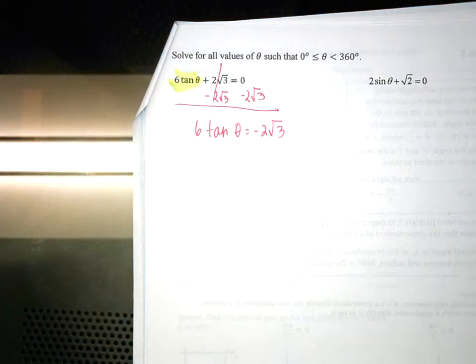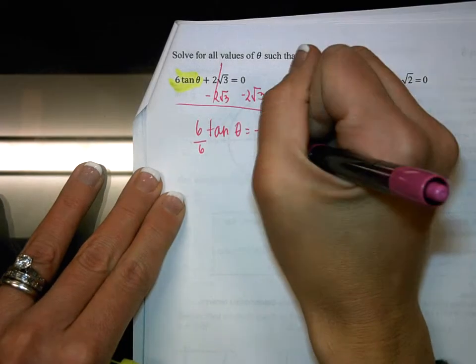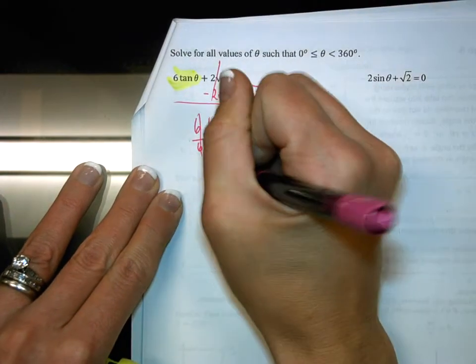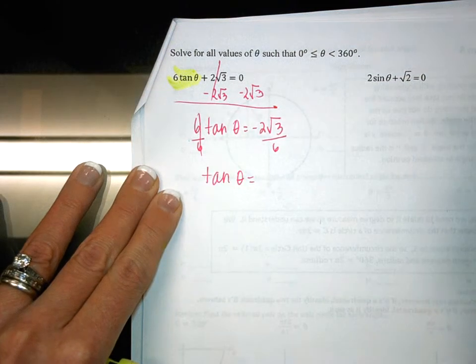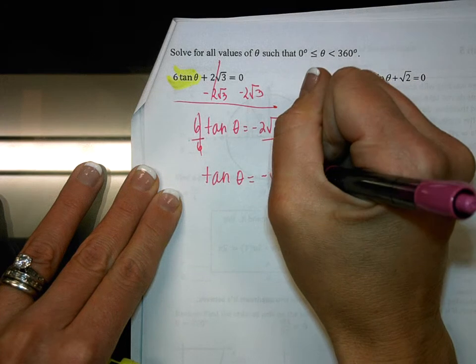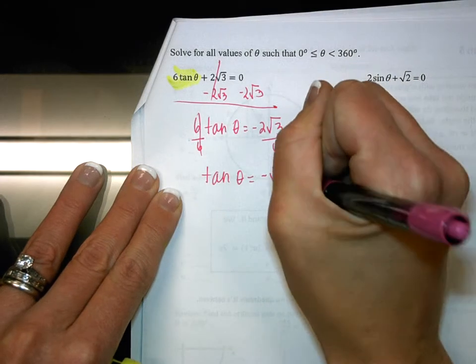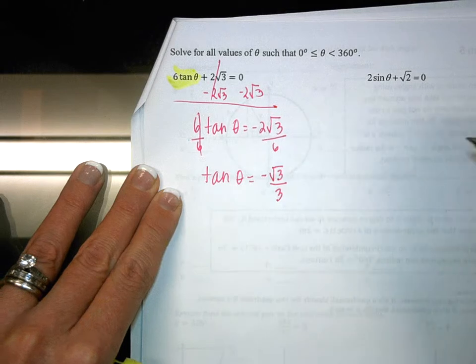Next, what will I do? Very good. Divide by 6. And so I have tangent of theta equals, and what does it reduce to? Negative root 3 over 3. Okay.